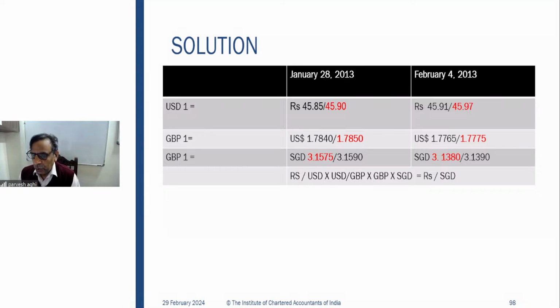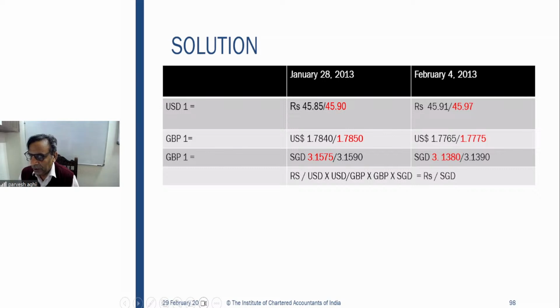So we know that there are 2 days. One is January 28, the day on which he wanted the money to be paid, but actually the payment happened on 4th of February. Now, the US dollar rate was, because the payment has to be made, we have to look at the ask rate. It was supposed to be made at 45.90. Actually, the payment was made at 45.97.